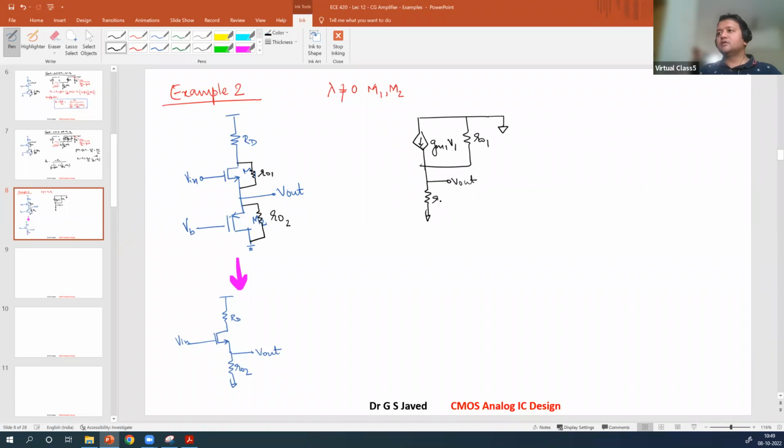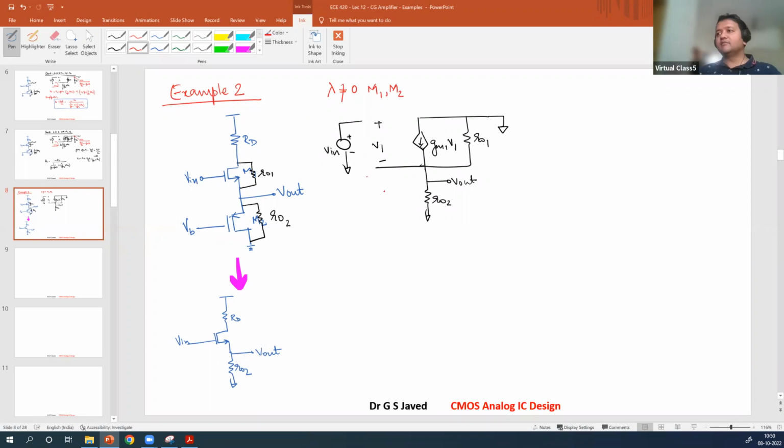This is Vout. This is R02. Here is where you apply the input, V1. And this is your gate input supply. Clear? Now that you have developed this, first thing is apply KCL or you apply KVL.